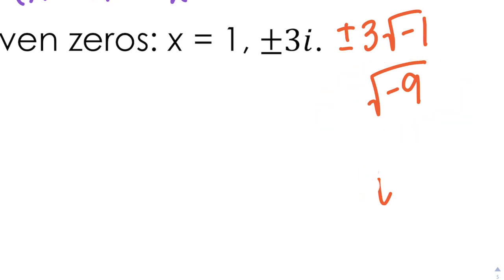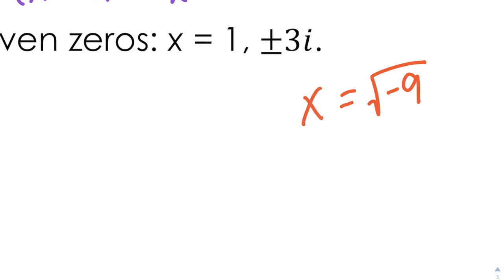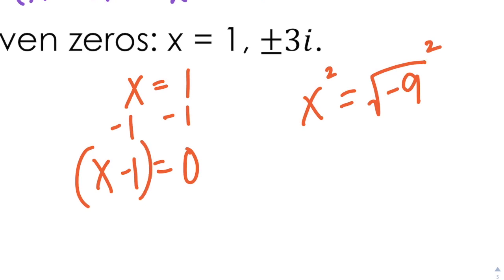So you need an equation where you're going to get that as your answer, where x is going to equal the square root of -9. So if I go backwards, I'm going to square it, because remember if x equals 1, subtract 1, x minus 1 equals 0, so that's where I'm getting that factor from.